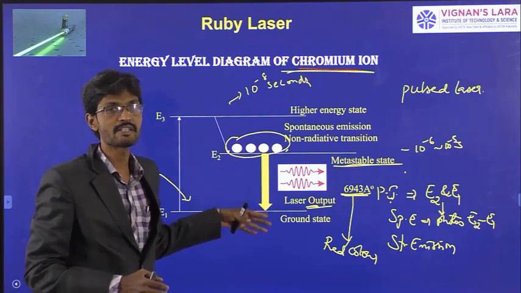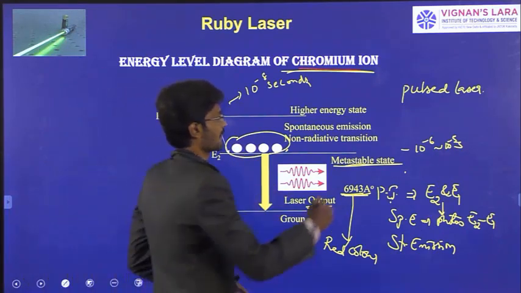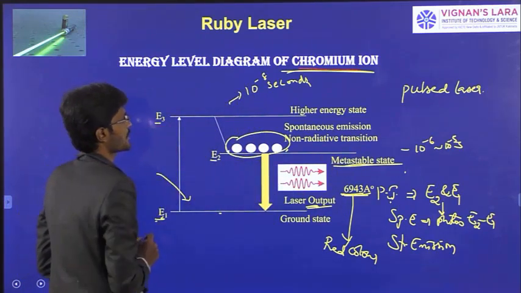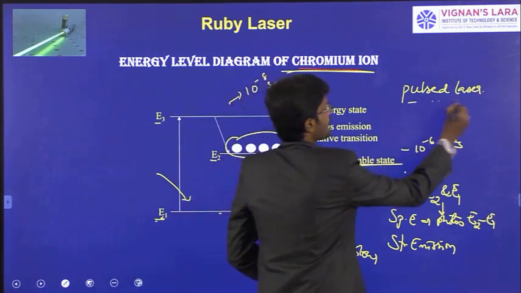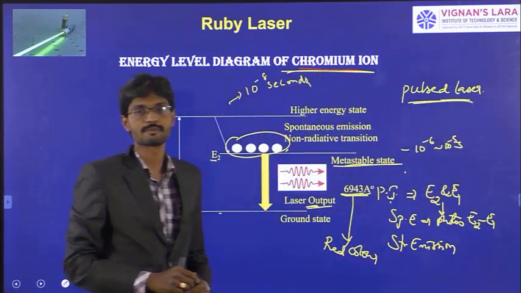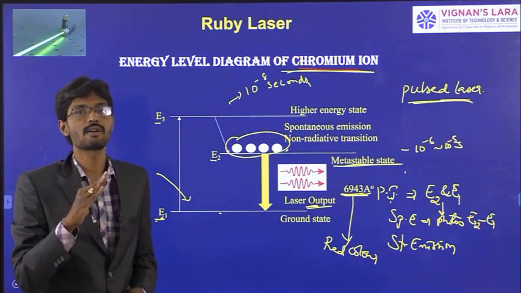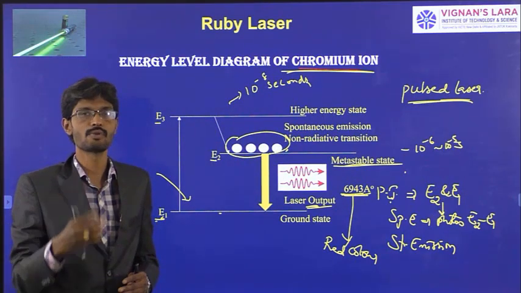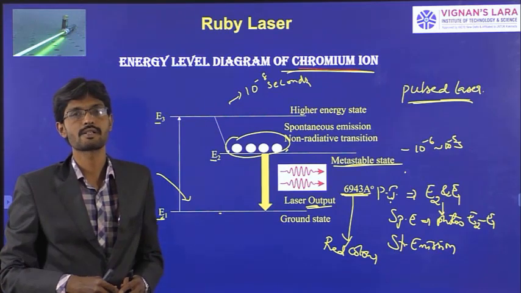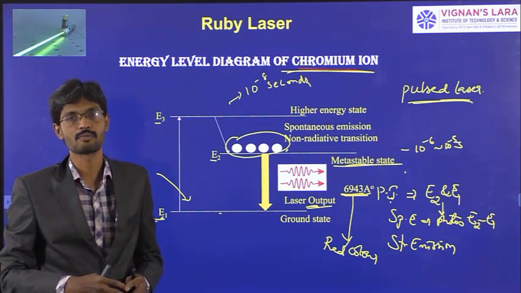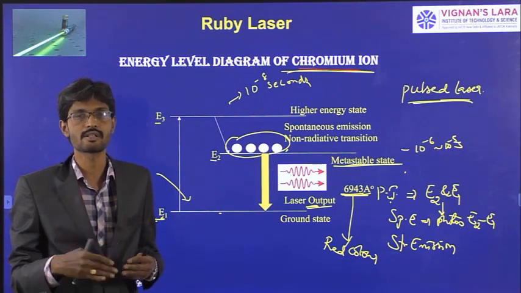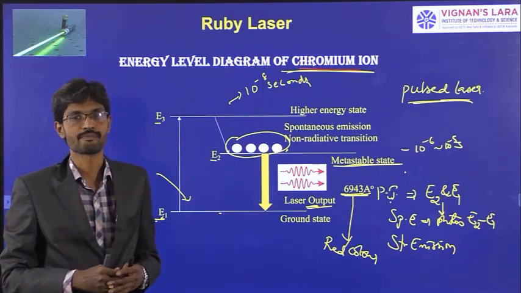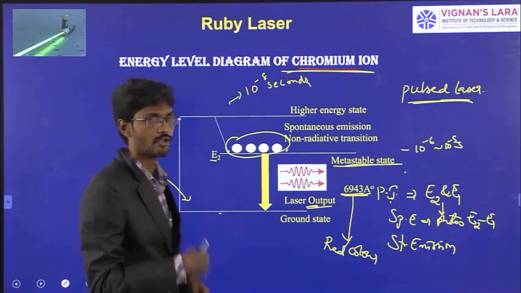So from the ruby laser we can get an idea that when we use a 3-level pumping scheme for the production of laser, the laser output will be pulsed. This is the drawback of the ruby laser. Most solid state lasers produce pulsed laser output, and some other solid state lasers produce continuous laser output. So these are about the ruby laser.